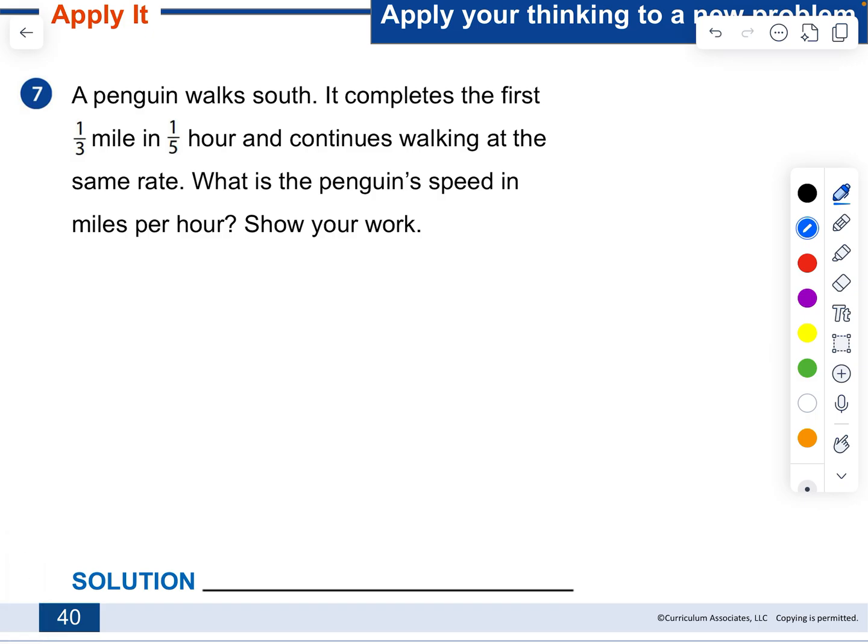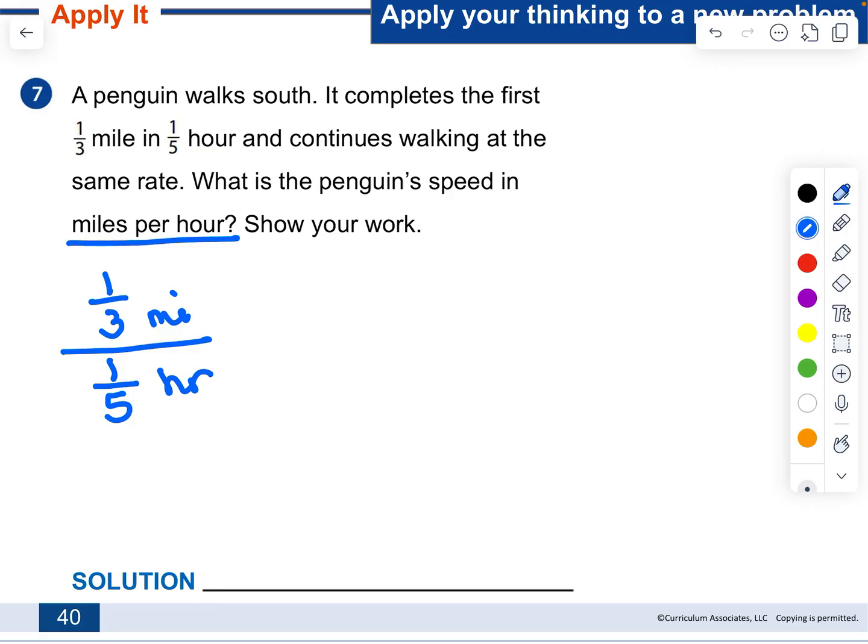On page 40, a penguin walks south. It completes the first 1/3 mile in 1/5 hour and continues walking at the same rate. What is the penguin's speed in miles per hour? So let's look at what it wants. Miles per hour. 1/3 of a mile, 1/5 of an hour. That would be miles per hour. Go ahead and work that out.